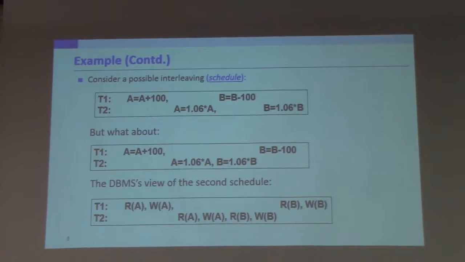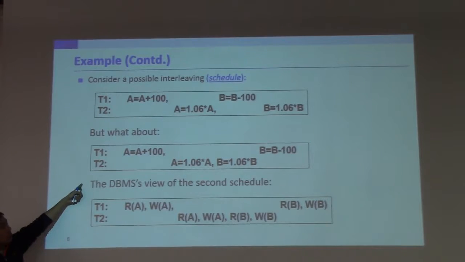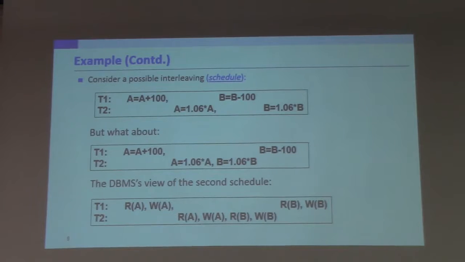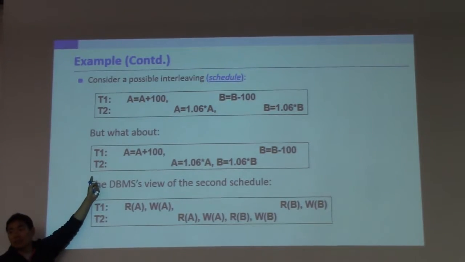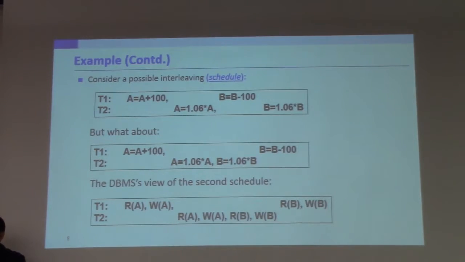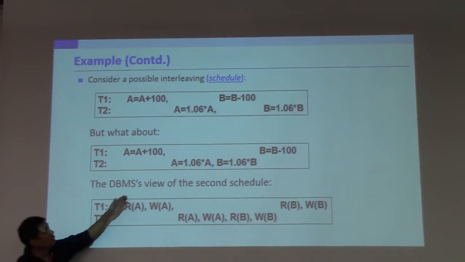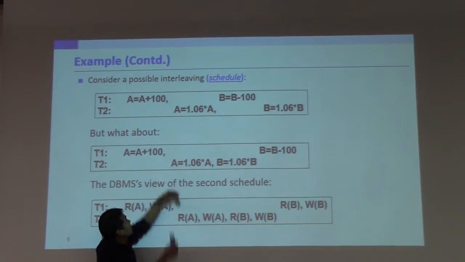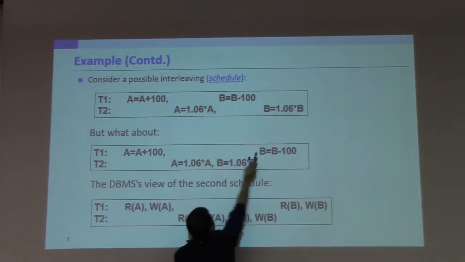But what about this approach? This approach is not okay. It favors the account holder because basically you get interest twice on that $100. So from a bank point of view, you do not want to see this. Of course, there is another scheduling option I didn't show here, which is you swap these two and swap these two.